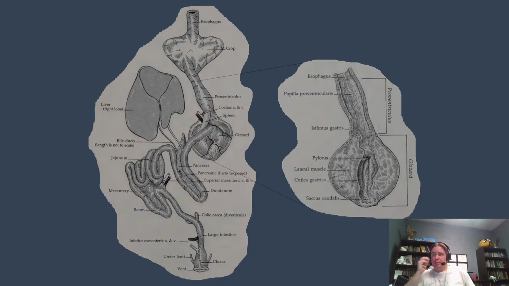Now you see the liver and also the gallbladder is involved in this, and the bile ducts coming from the liver. One of the things the liver does is it provides this bile and it helps neutralize the acidity. The bile is alkaline, so it helps neutralize the acidity coming in from the proventriculus and gizzard. It also, at the same time, breaks down fat.